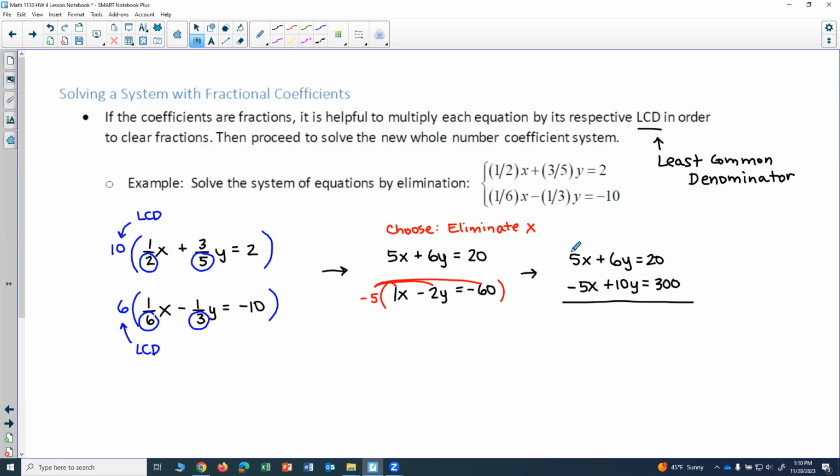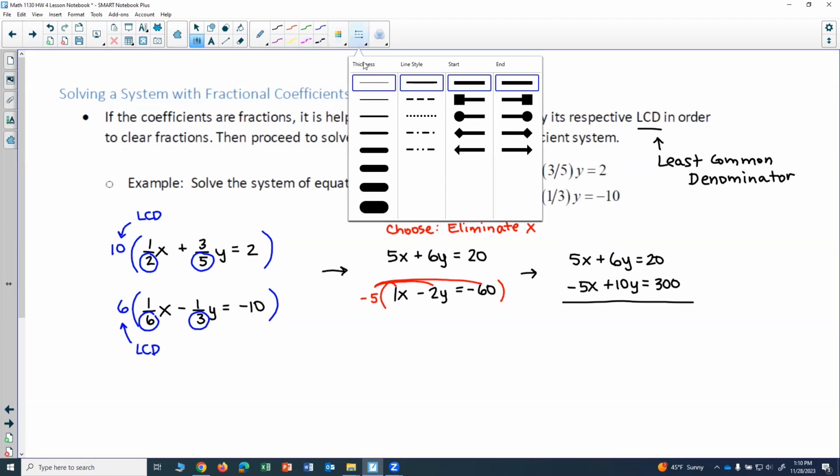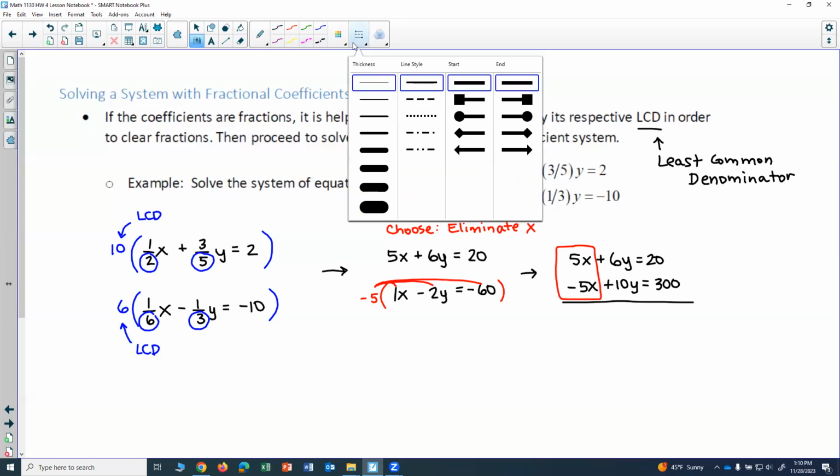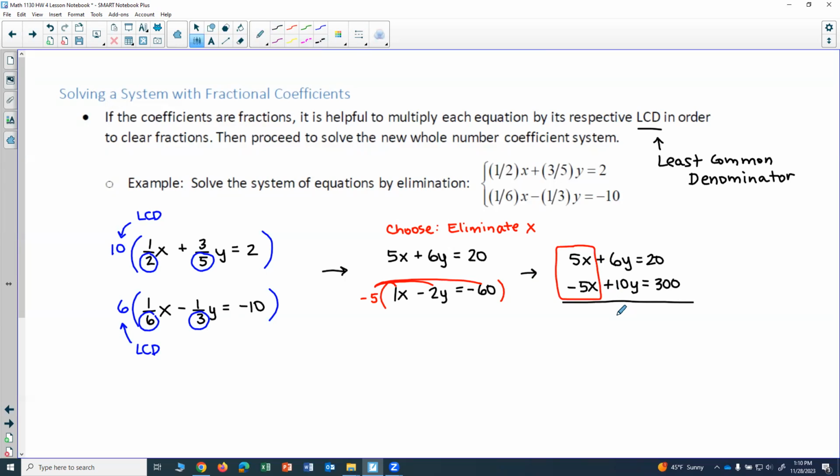My 5x and my negative 5x are going to cancel. And so I'll end up with 6y plus 10y is 16y equals 320.